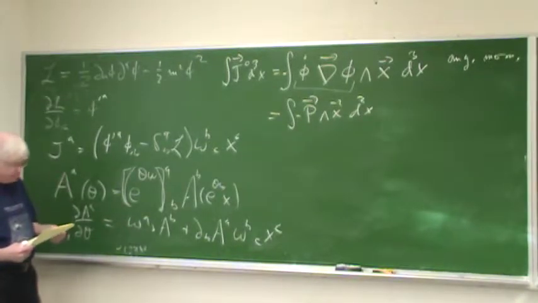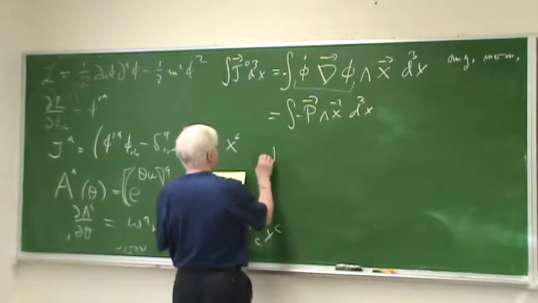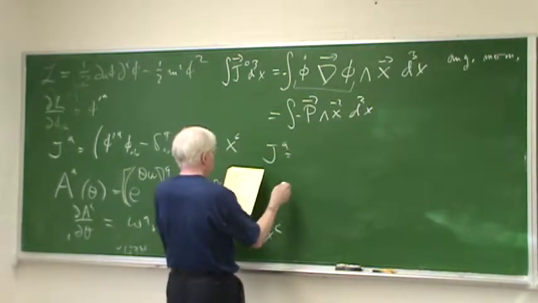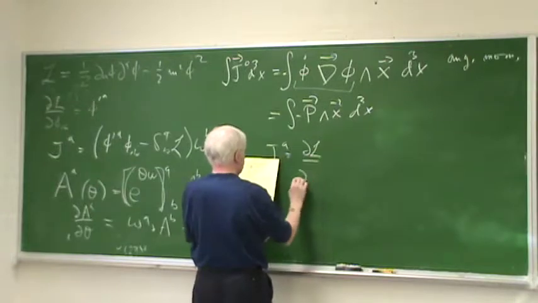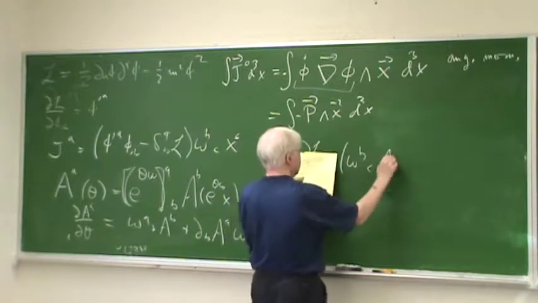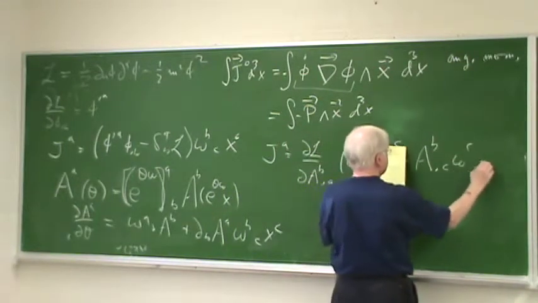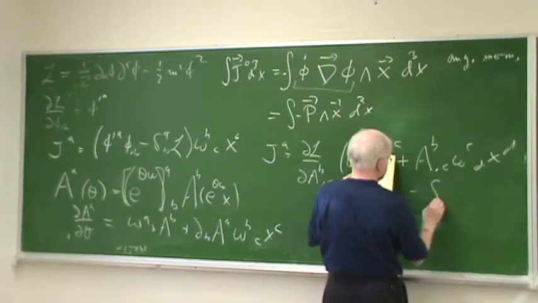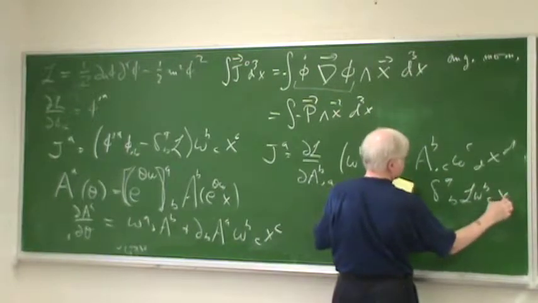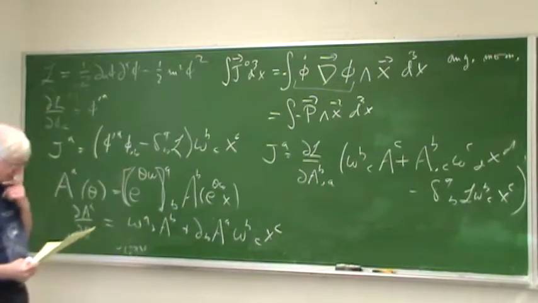All right. So now, what is the conserved current? Well, it's a little more complicated. J_A now is partial L, partial A_B comma A times omega BC A_C plus A_B comma C omega CD XD minus delta AB L omega BC XC. All right, that's what we have.